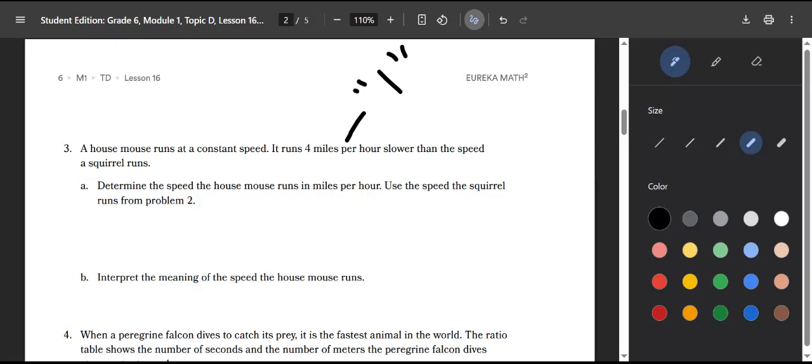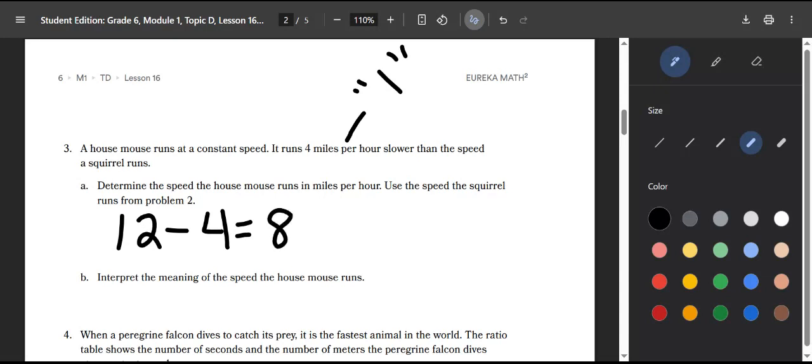Determine the speed the house mouse runs in miles per hour. Use the speed the squirrel runs from problem 2. Well, we know that the squirrel ran 12 miles per hour, and then the house mouse is 4 miles per hour slower, and 12 minus 4 is 8.